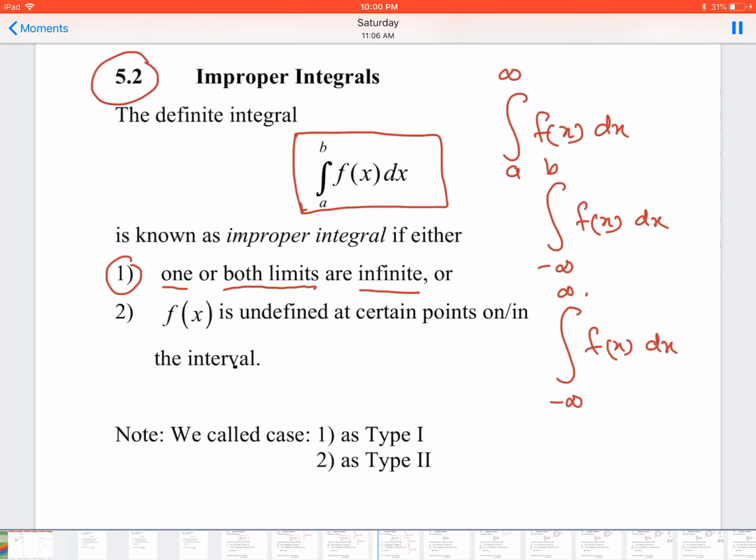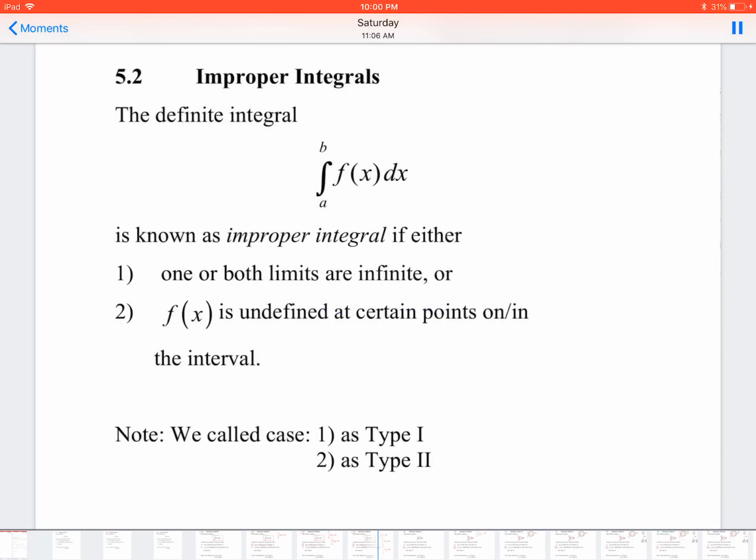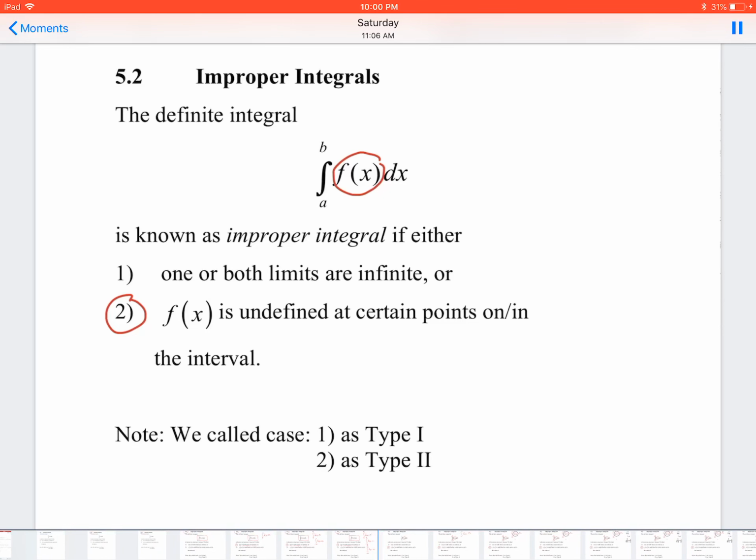How about type 2? In type 2, the problem is coming from the function itself, not the limits. The limits are okay, they are all numbers a, b, but the problem is with the function.